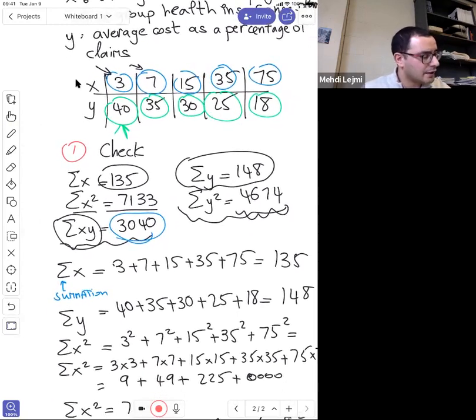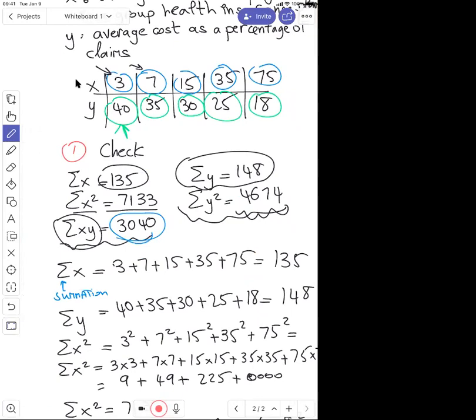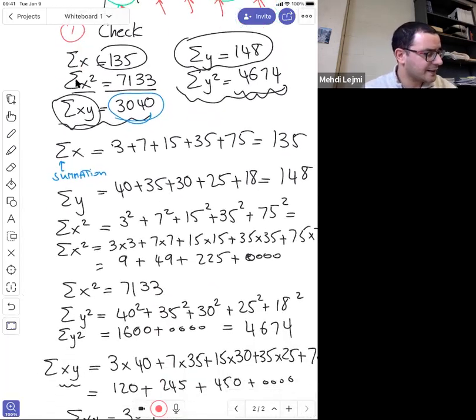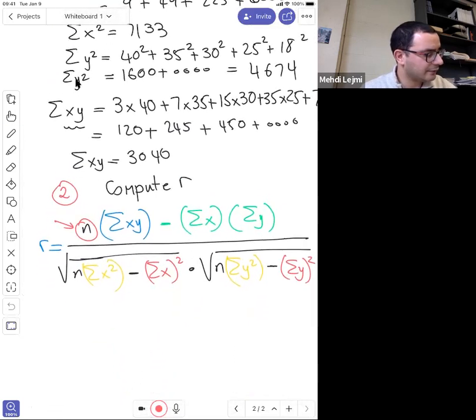Any guess? 5, right? We have the first column, second, third, fourth, and the fifth column. So we have 5 data pairs, so n is 5.